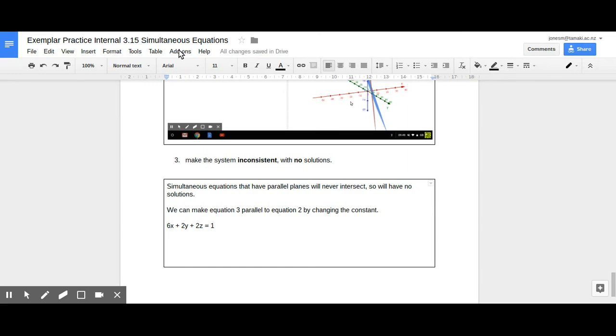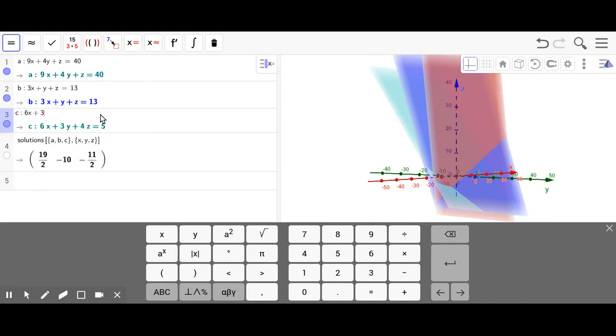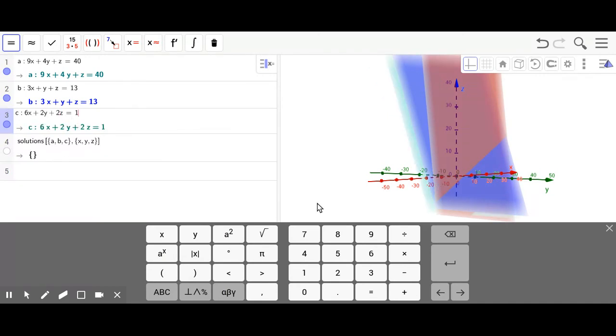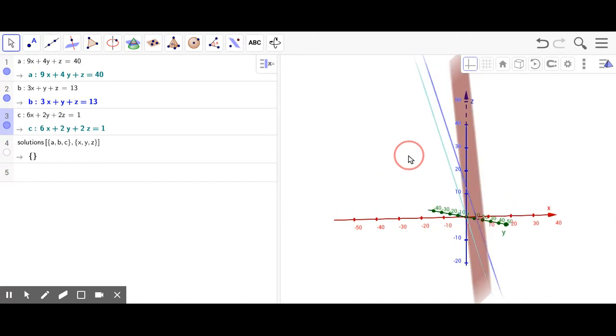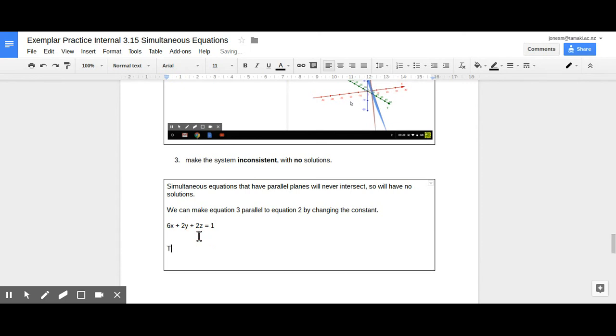So if we change it to be 1, so 6x plus 2y plus 2z equals 1, we can see that the equations are parallel.